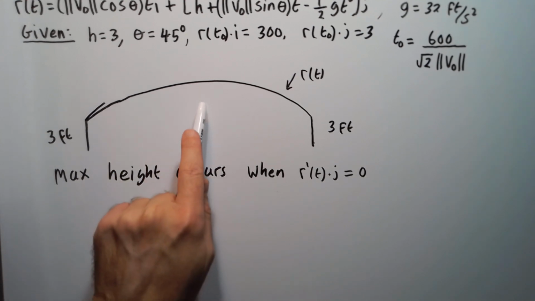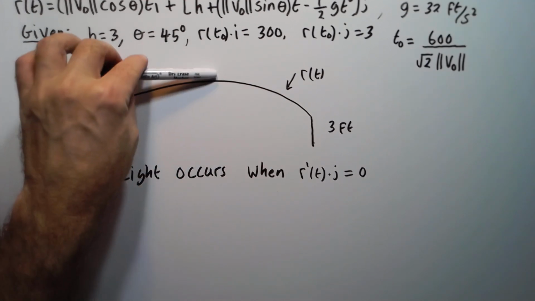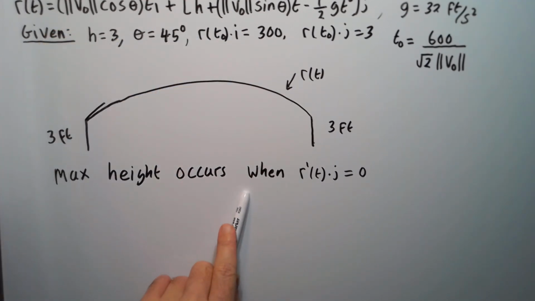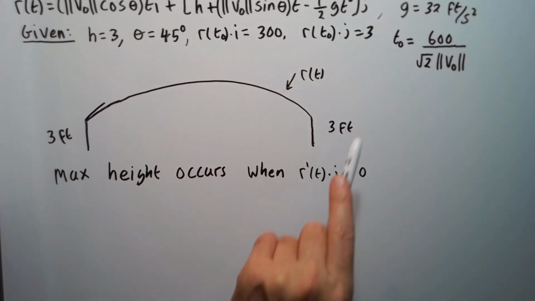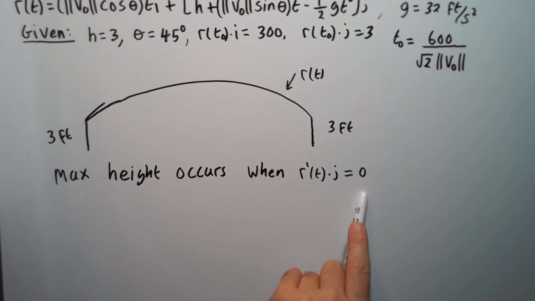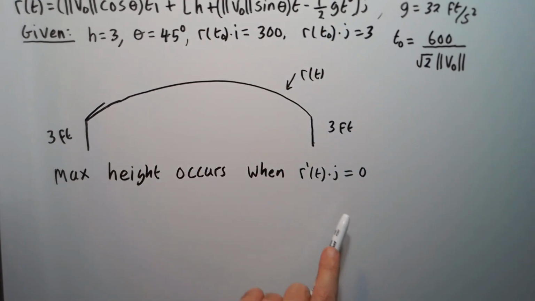So the max height will occur here, and note that's going to be a maximum of the function, and the max occurs when the derivative is 0. So it's going to be the derivative in the j direction being 0 that we need to find. Okay, so let's take the j direction component, take the derivative and set it equal to 0.